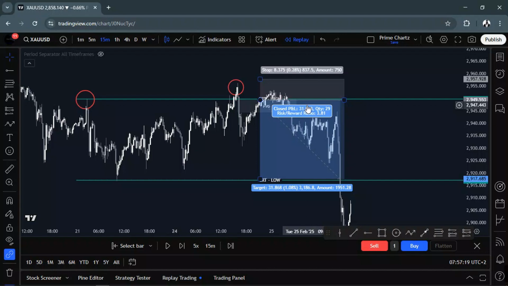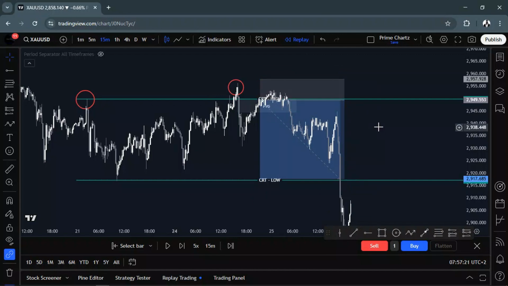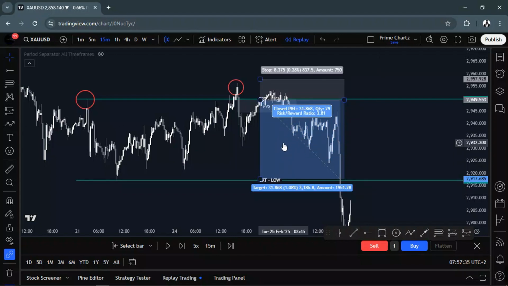This is called the power of three, but you don't have to necessarily rely on 3 candlesticks. You can wait for your setup to be complete. Doesn't matter how many candlesticks it takes. Could be 5, could be 10 candlesticks, just as long as your setup is complete, guys.